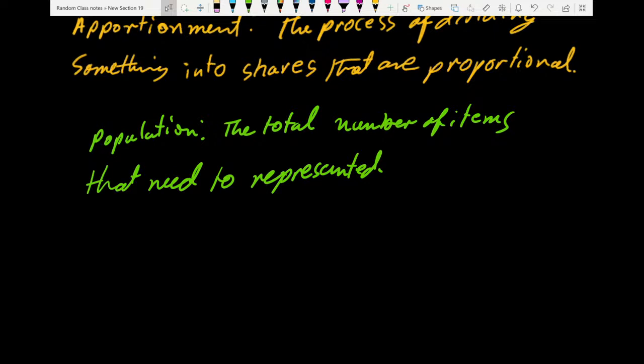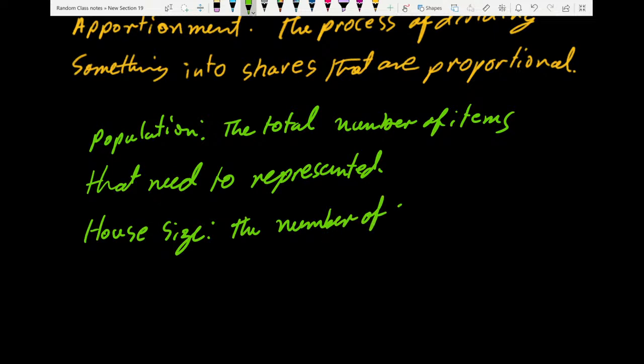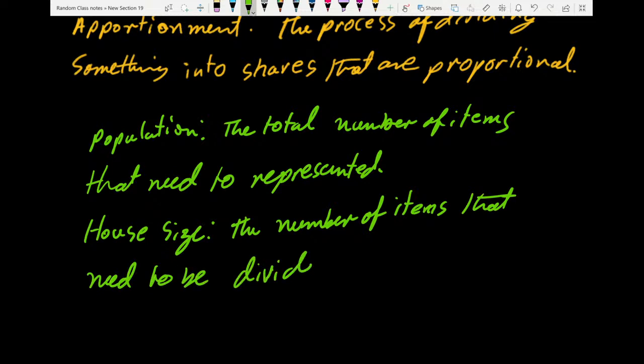How many representatives do we have? So house size is the number of items that need to be divided.